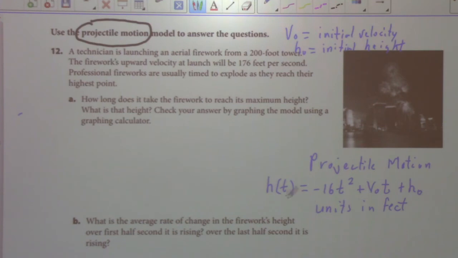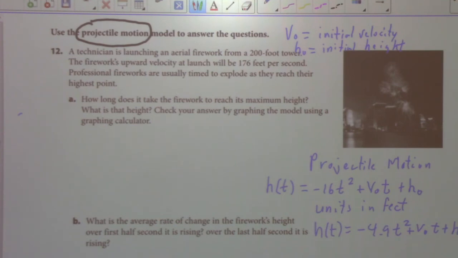And I'm going to put down another equation that's very similar to that, which is h of t is equal to negative 4.9 t squared plus v sub 0 t plus h sub 0.